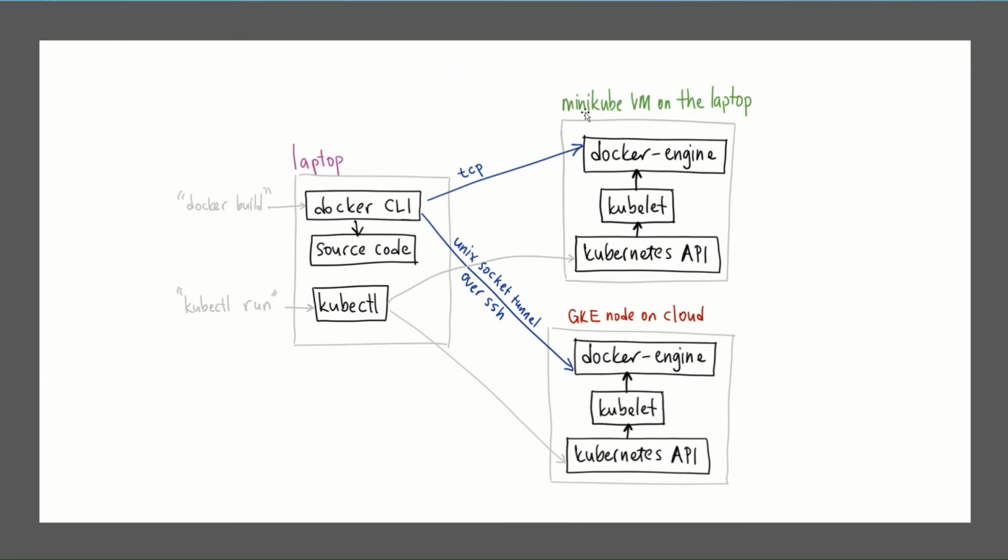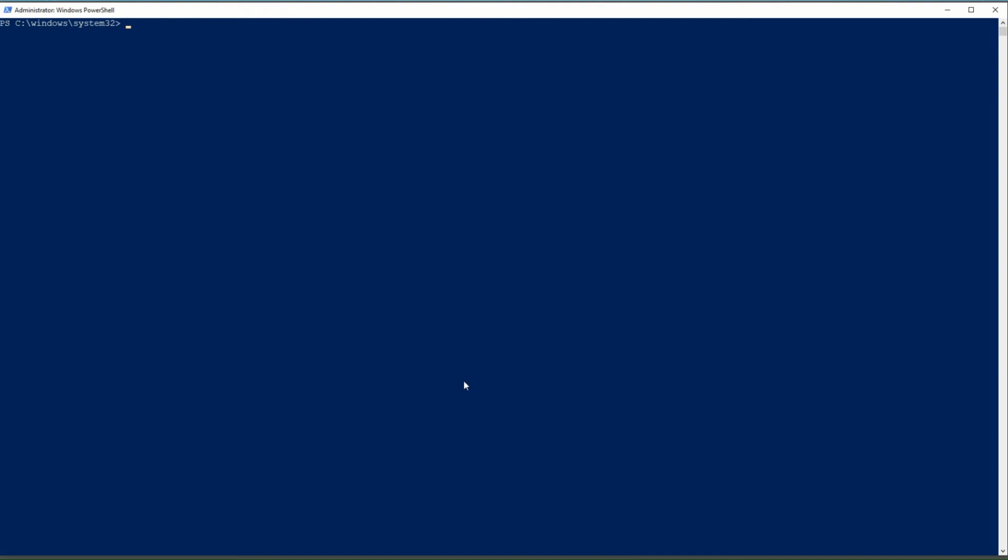All this is deployed and it is ready in no time, like this. So this is a PowerShell and this is how we interact with Minikube.